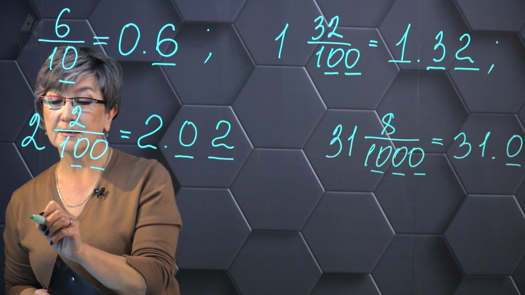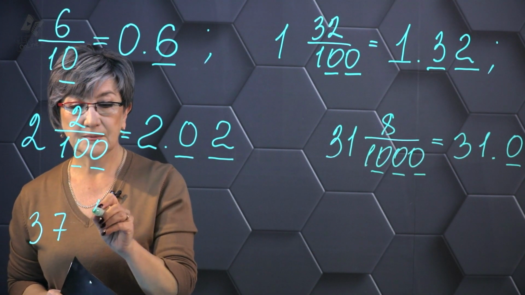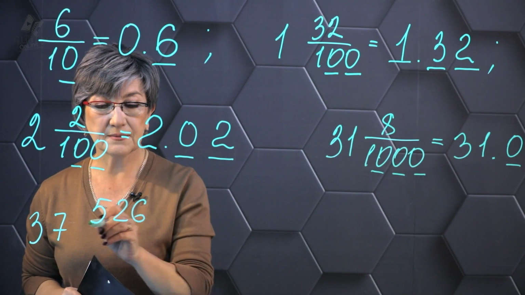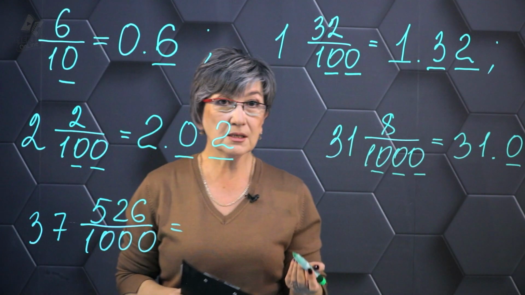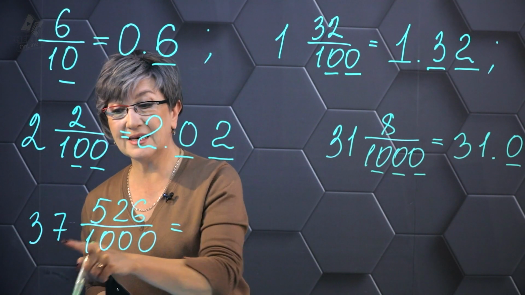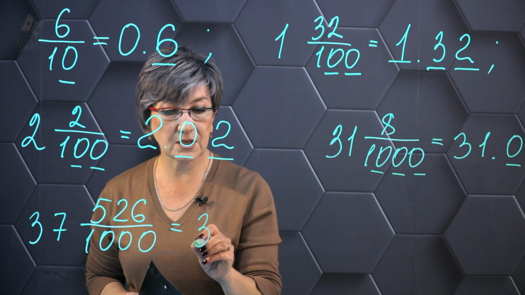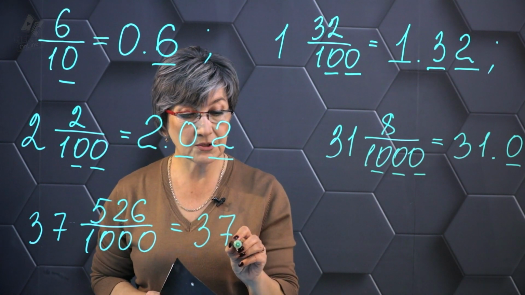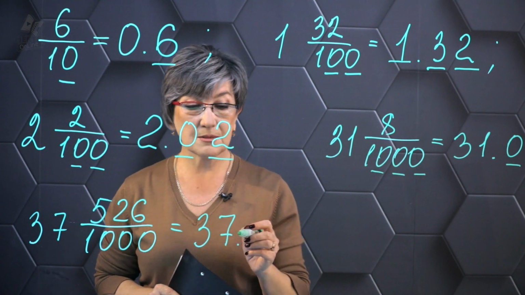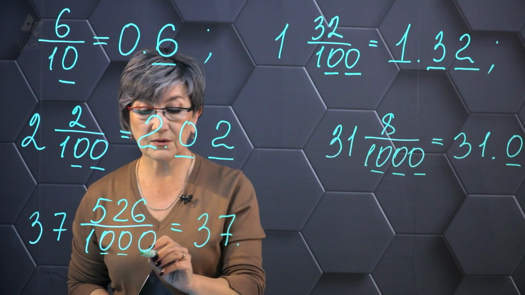Another fractional number we'll write down as a decimal number. That's 37 whole 526 thousandths. First we write down the whole part. That's 37 wholes. I write 37. And separate the whole part with our dot. Now I count the number of zeros. That's 3 zeros.